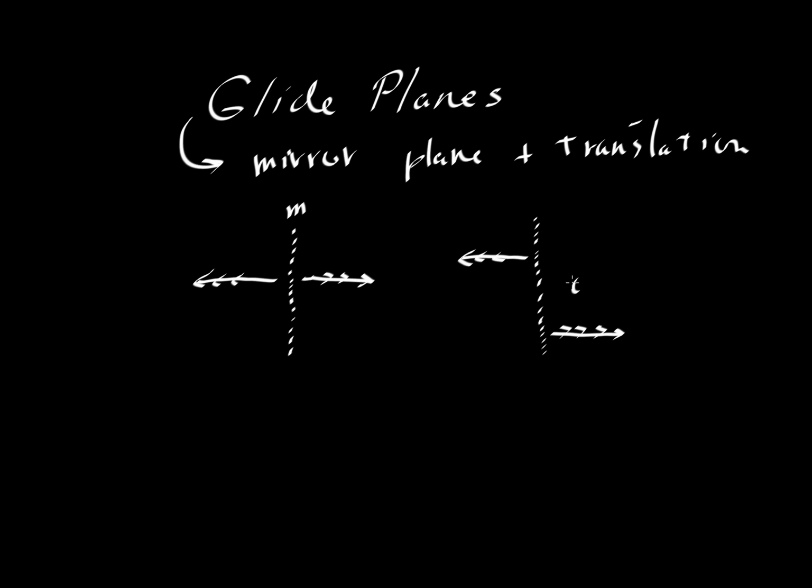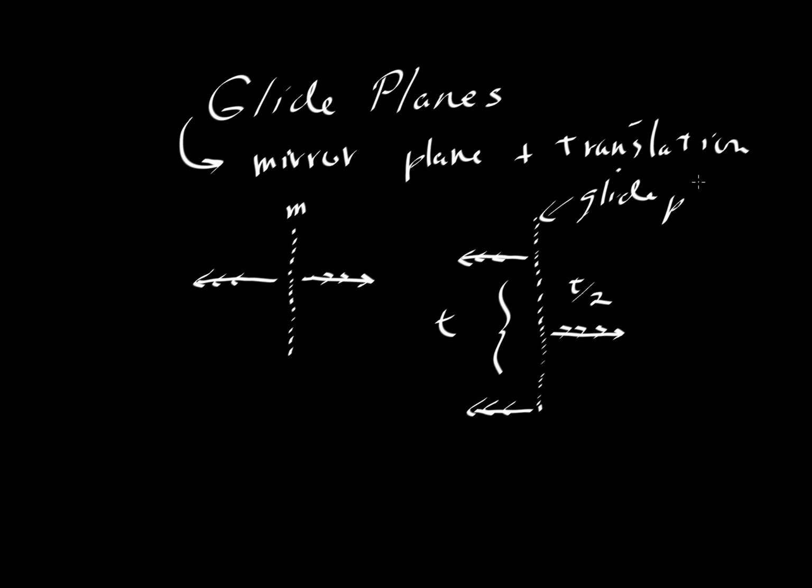So we've gone some distance, and usually in the translation terminology, we go to some distance t/2 instead of all the way out to where we would find another node. So the full distance t would be out here where the original tree laying on its side would repeat again. So that would be the full distance t. So this is a glide plane.